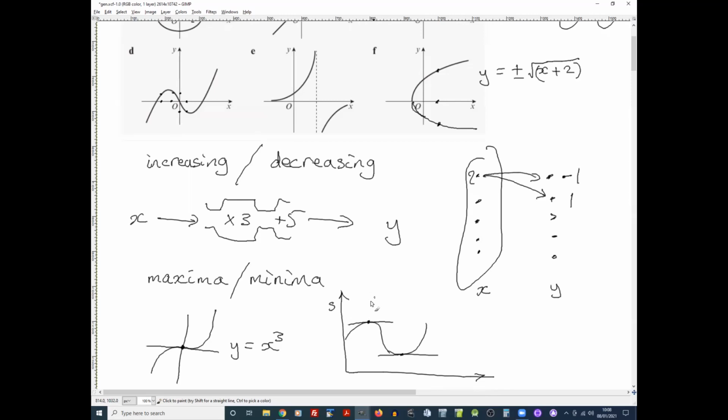Another word for not moving is stationary. Stationary points are what maxima and minima are in general. They are both stationary points.